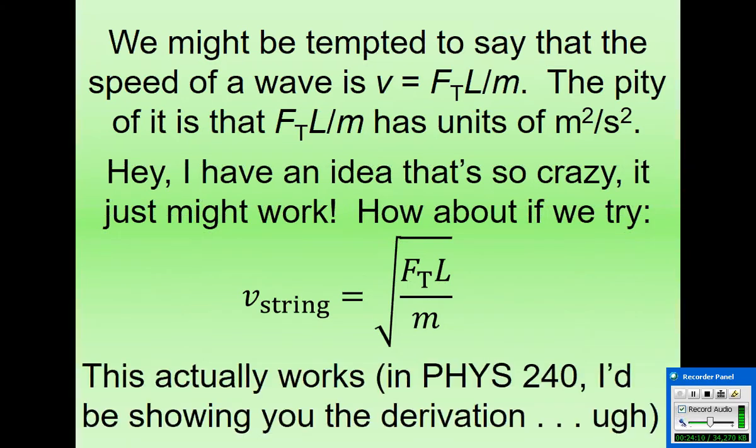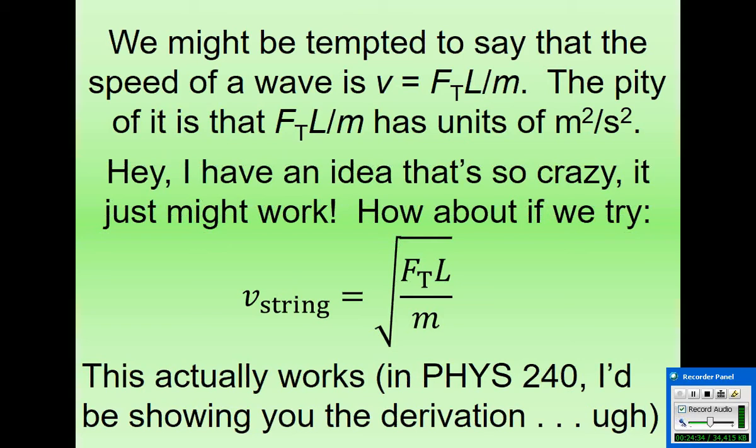That's actually correct. This is a very sloppy derivation, but it turns out that this is the correct formula to determine the propagation speed of a wave on a stretched string, where the tension in the string is Ft, the length of the string is capital L, and the mass of the string is m.